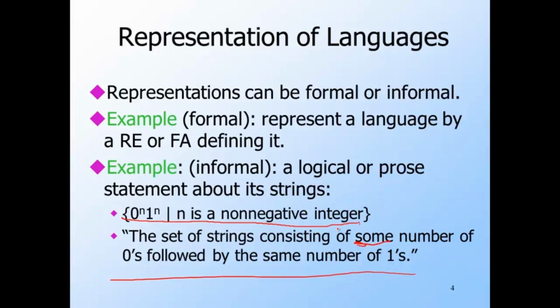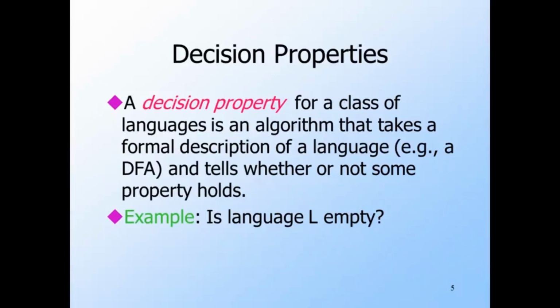Thus, we're only going to use formal descriptions of languages when we talk about algorithms for deciding things about those languages. Thus, a decision property for a class of languages is an algorithm that takes a formal representative of the language. The algorithm answers some particular question about the language, such as whether or not the language described by the representation is empty.